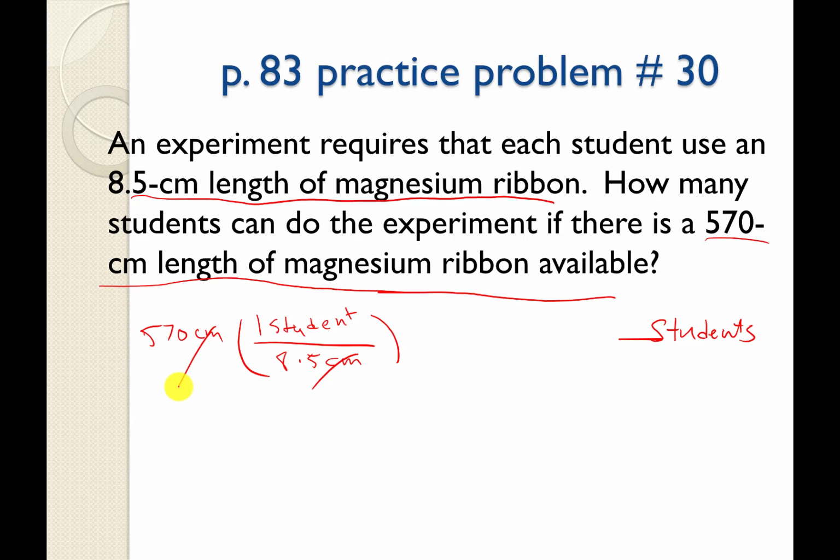I mean, it looked weird from the problem, but it really wasn't too bad. So all we do is take whatever's on the top, multiply it, whatever's on the bottom, divide it. So we've got to do 570 times 1, which of course is just 570. And then we have to divide that by 8.5, and we get 67 students. So 67 students are going to be able to participate.